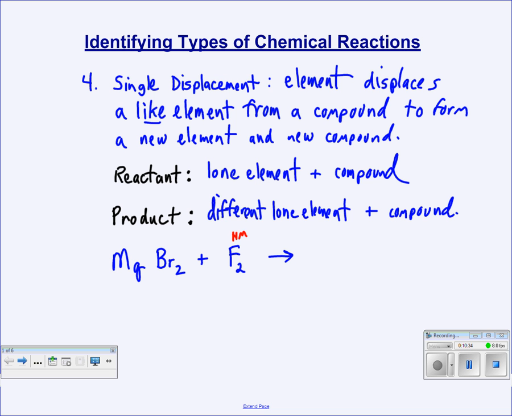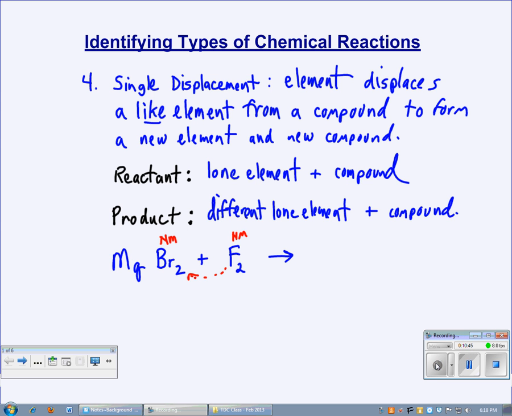How would the single displacement reaction occur? Well, since fluorine's a nonmetal, it will approach bromine, the other nonmetal, and look to cut in. So in that case, the element that's being displaced is bromine. Bromine is one of our Brinkelhoff elements that we've talked about earlier, those elements that in elemental form are diatomic.